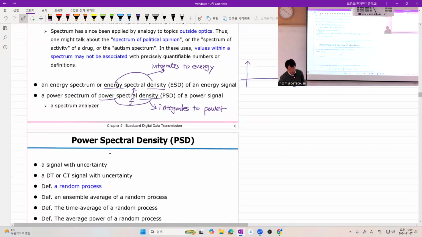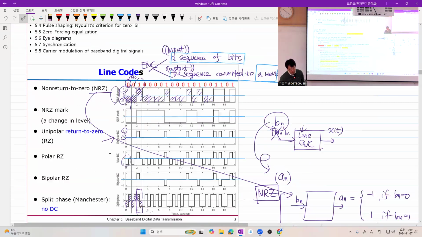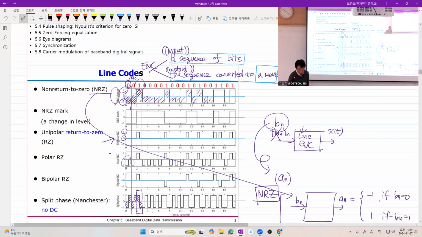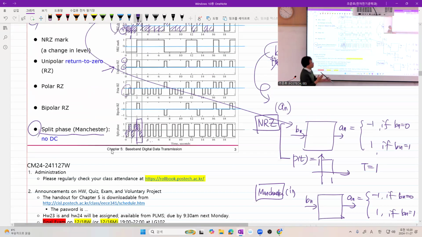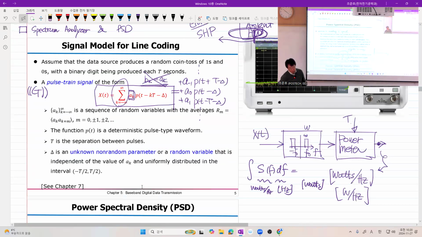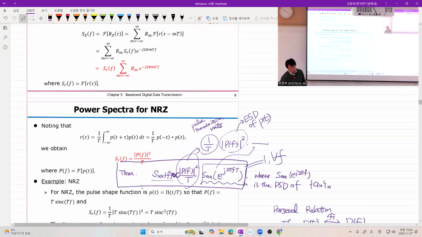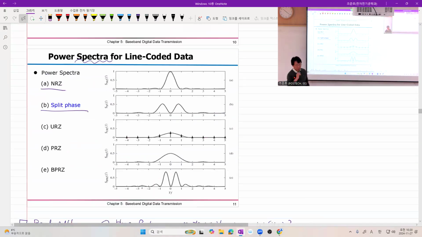Split phase, yeah, has the alias Manchester code. So we just focus on these two, right? Because the others require a slightly more complicated encoding scheme than this simple one-to-one memoryless mapping. But anyway, let's focus on these two spectral densities.